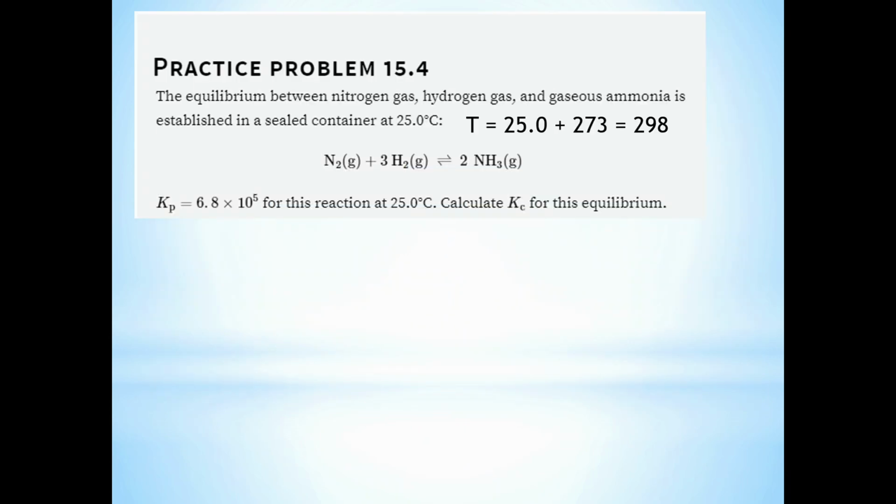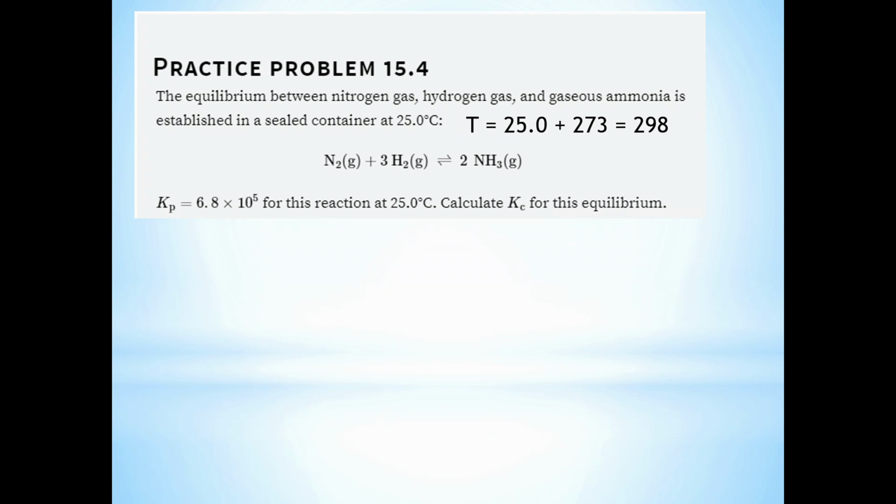So equilibrium between nitrogen gas, okay, this is the Haber process, and it's used a lot in examples in Gen Chem. It's a fairly simple, straightforward equilibrium that is not a 1-to-1-to-1 stoichiometry. So N2 plus 3H2 goes to 2NH3. Kp is 6.8 times 10 to the 5.